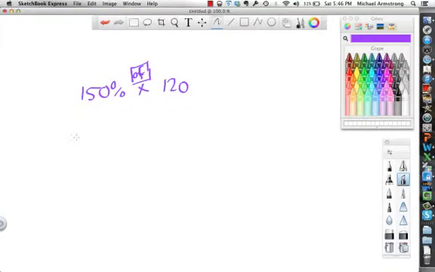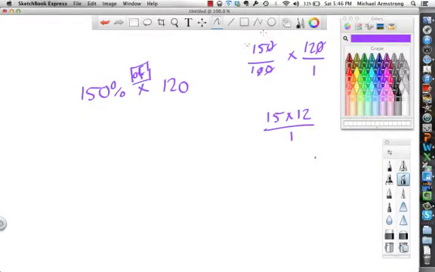Now, 150% can be written as 150 over 100, because all percents are over 100, times 120. And then we could simplify before we multiply. We could say that 150 over 100 is like 15 over 10, and we can simplify diagonally, so then really it's like 15 times 12 over 1. And then I just have to figure out what 15 times 12 is, because I've canceled out all my zeros.